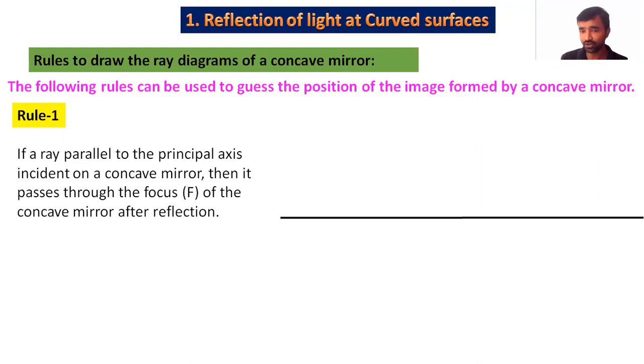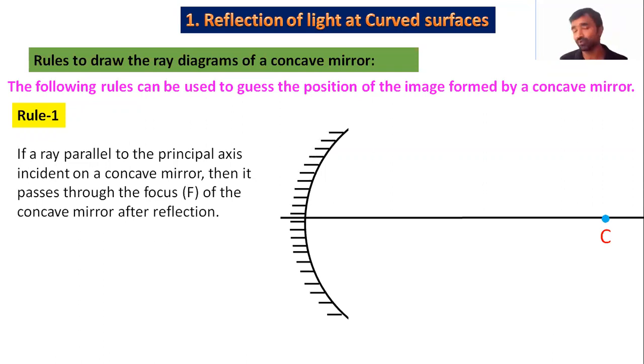First of all, draw the horizontal line on the paper using the scale. Then select the center of curvature, opening the compass to 12 centimeters. From the center of curvature, cut an arc and make it the concave mirror.